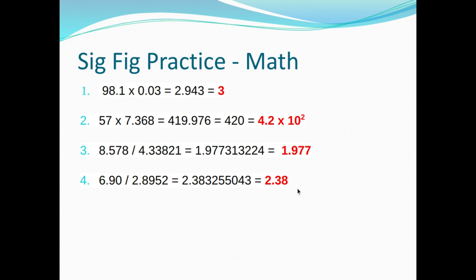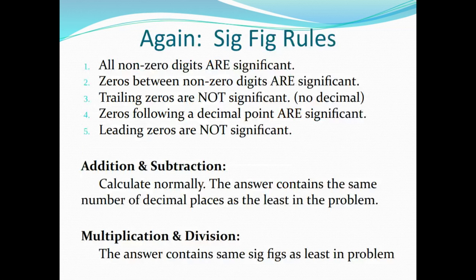So 2.38 is my answer. Anything else is wrong. So when you do these calculations, make sure that your answer goes to sig figs. If it does not, it will be wrong. Pay attention to your rounding and whether or not you are adding, subtracting, or multiplying and dividing.